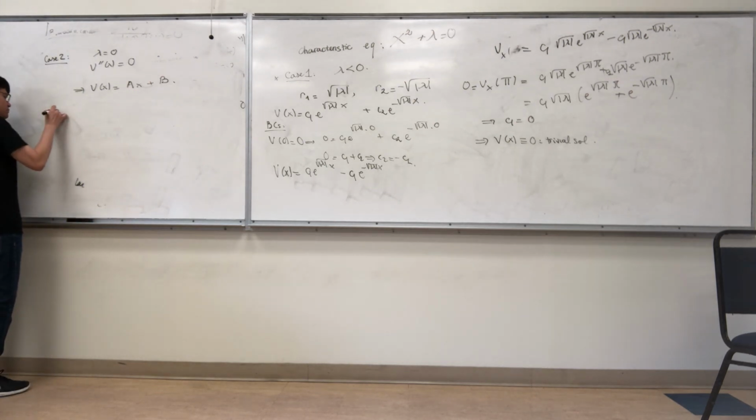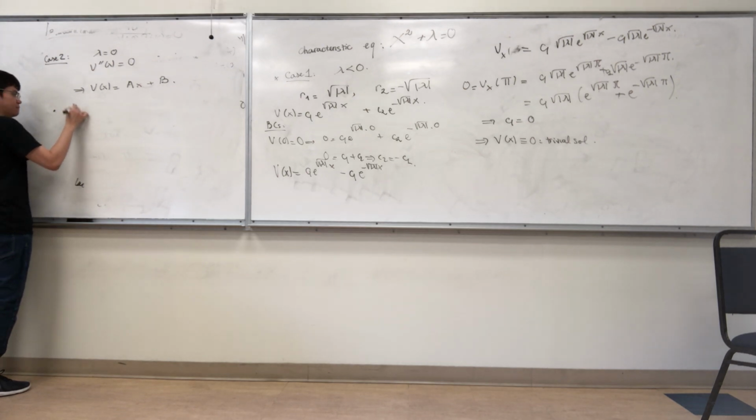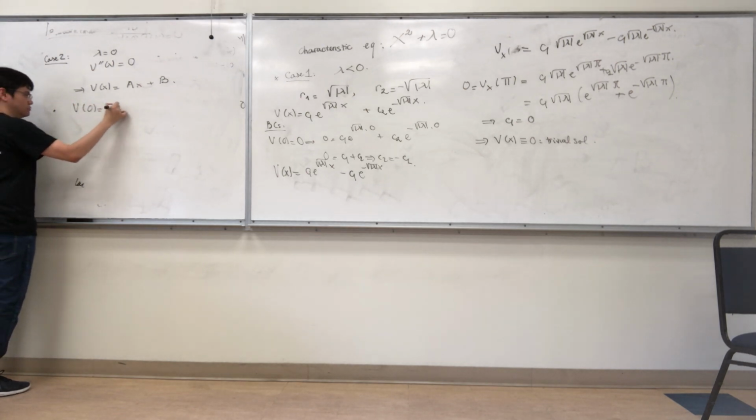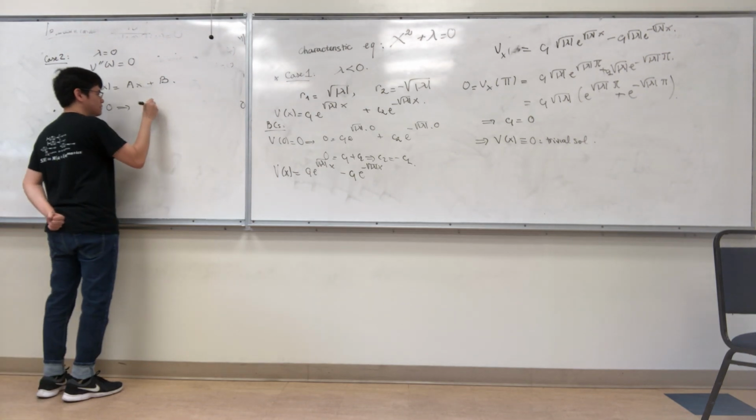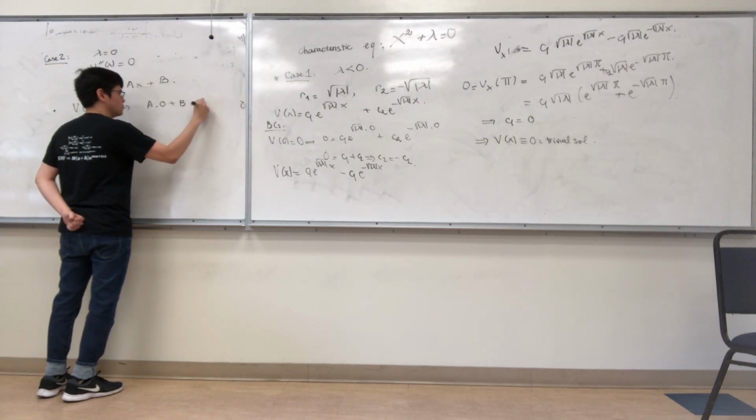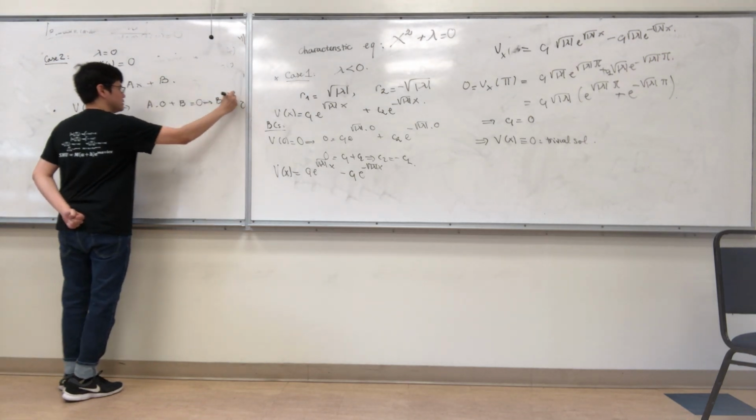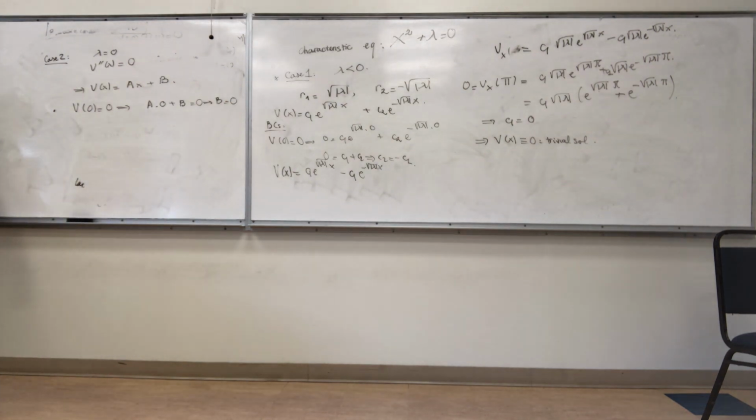So you're going to use the first boundary condition. You have V(0) is 0, which means that a times 0 plus b is 0, and this gives you b is 0. So when lambda is 0, V'' has to be 0.